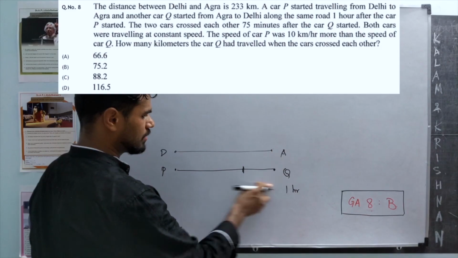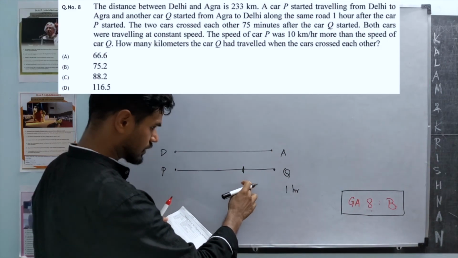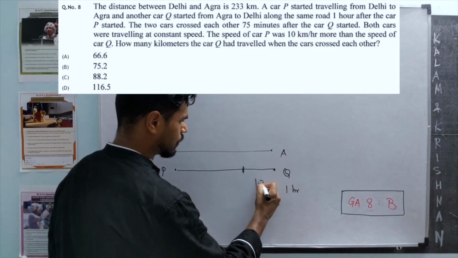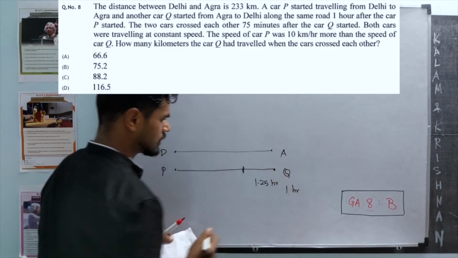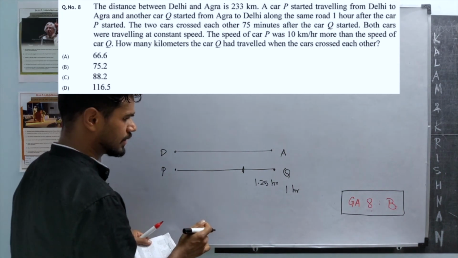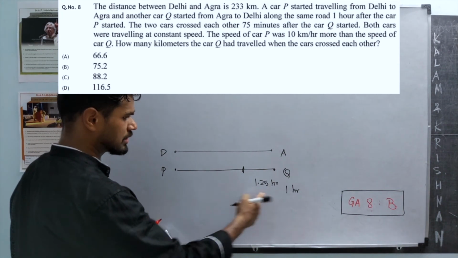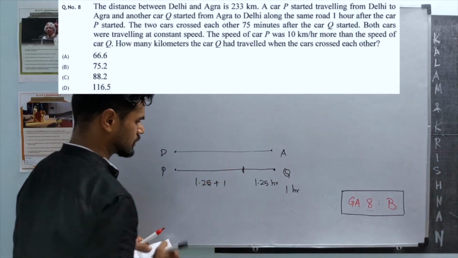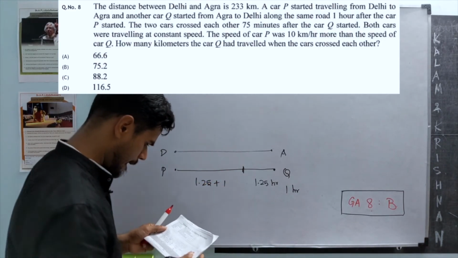So the amount of time that Q travels on the road is 75 minutes, which is 1.25 hours. And the amount of time that P travels to this point is 75 minutes plus 1, so that's 1.25 hours plus 1, so 2.25 hours.